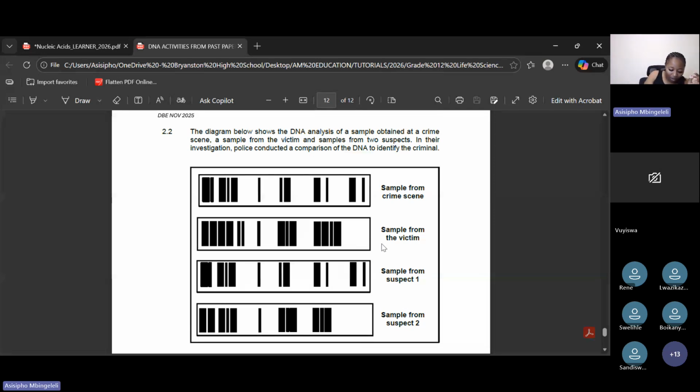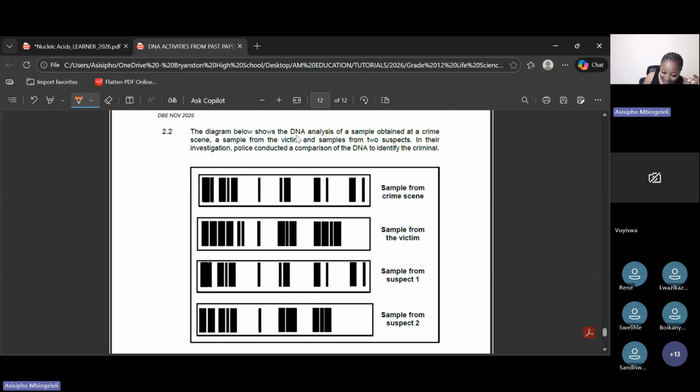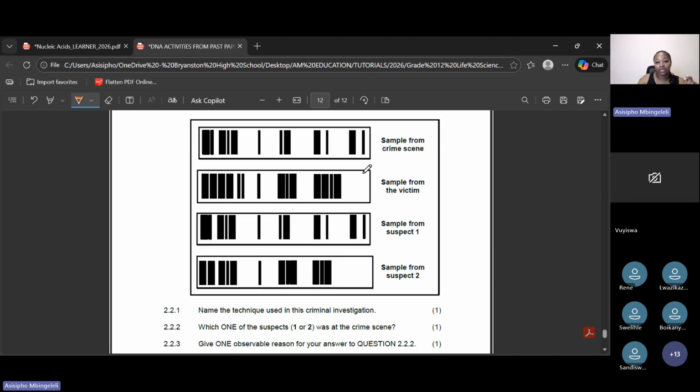So the diagram below shows a DNA analysis of a sample obtained at a crime scene, a sample from the victim and samples from 2 suspects. In their investigation, police conducted a comparison of the DNA to identify the criminal. 2.2.1. Name the technique used in this criminal investigation. What is this technique over here?